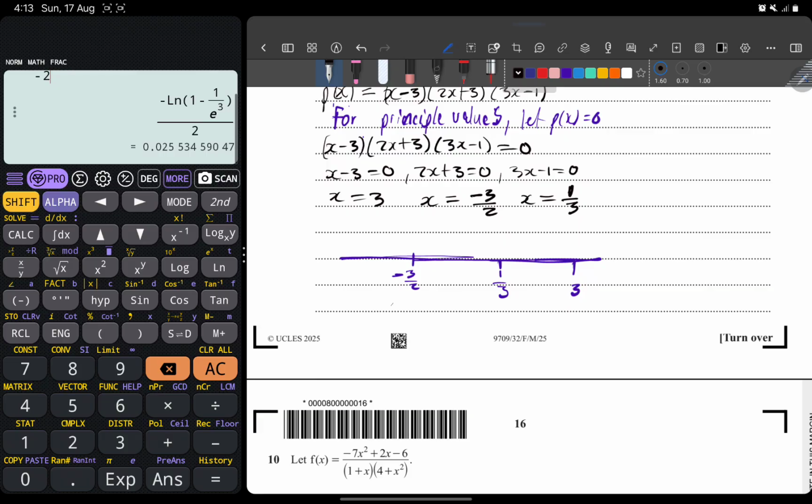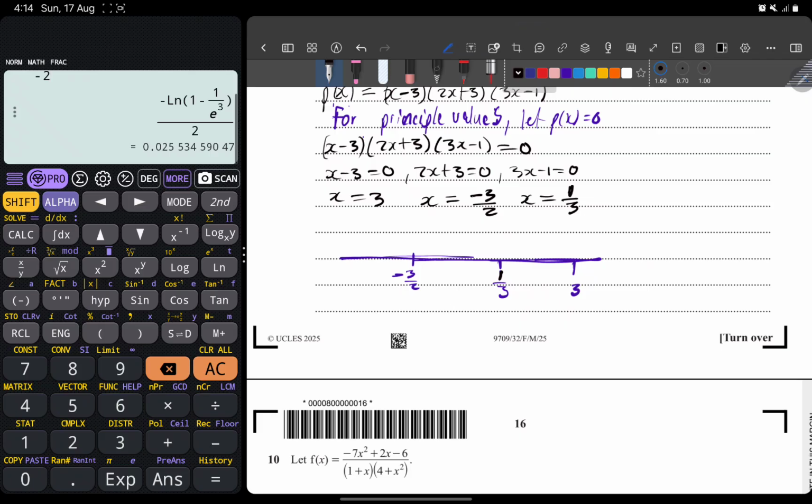Now we want to see, does it actually do this, then that, or does it go down, then up, then down? So what you can do is just pick a value, maybe less than negative 3 over 2, or between negative 3 over 2 and 1/3, between a negative and a positive number, which is 0, and see where your graph will be.